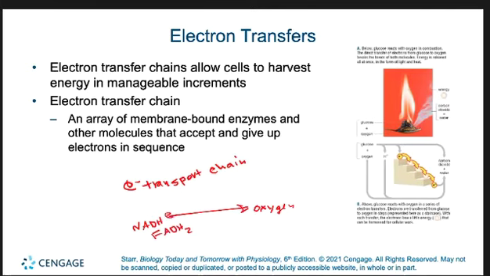And so this is a current of electrons, okay? Remember that a current is just a moving charge, right? And that energy is used to make another current, which is a proton current, which moves from the intermembrane space to the matrix of the mitochondria across the membrane, okay?